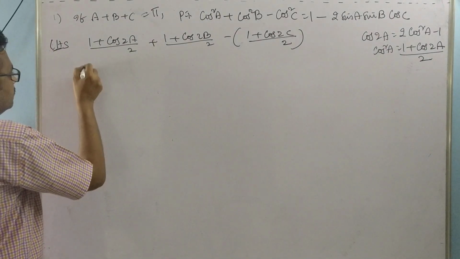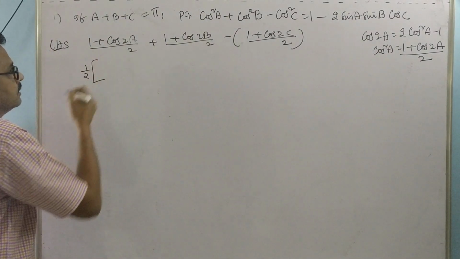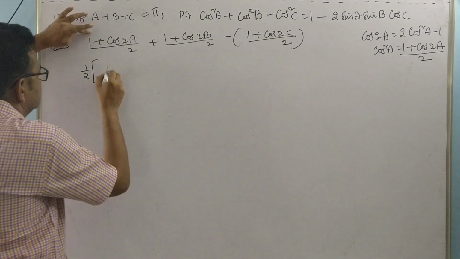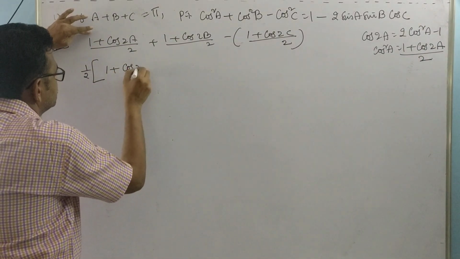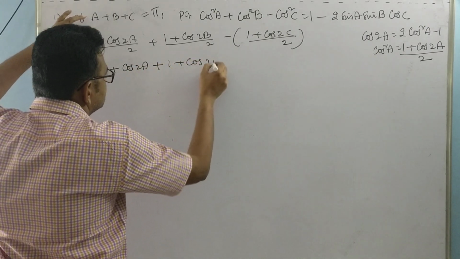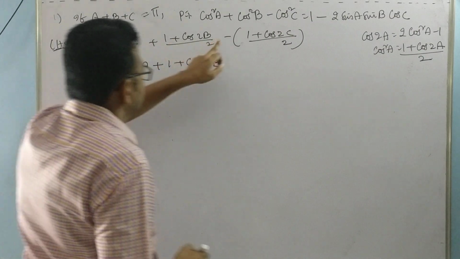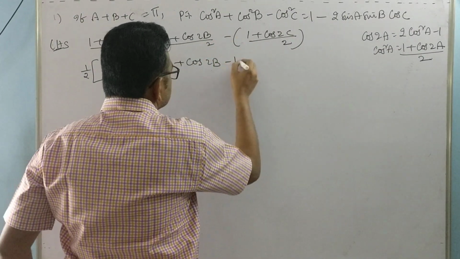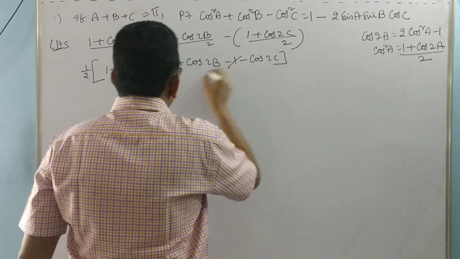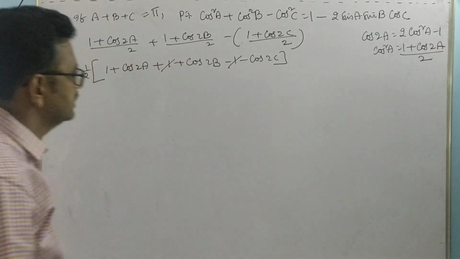So we can take 1 by 2 common. This is 1 plus cos 2A plus 1 plus cos 2B multiplying with minus, so this is minus 1 minus cos 2C. So 1 minus 1 plus 1 gets cancelled.